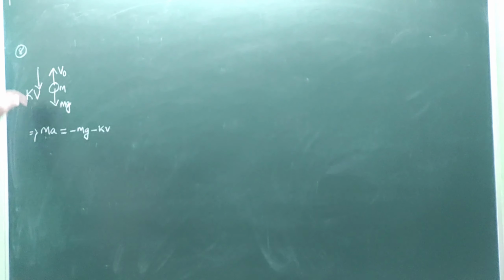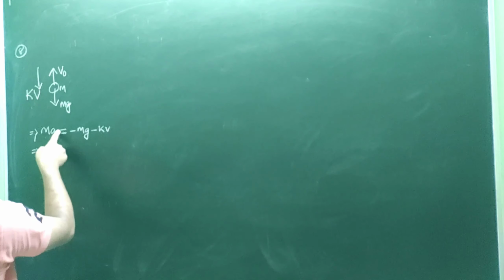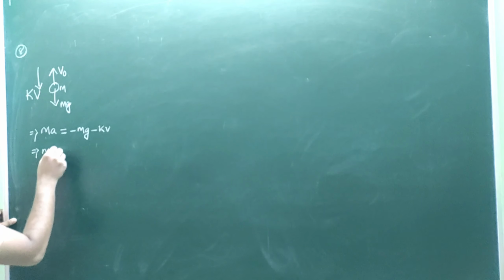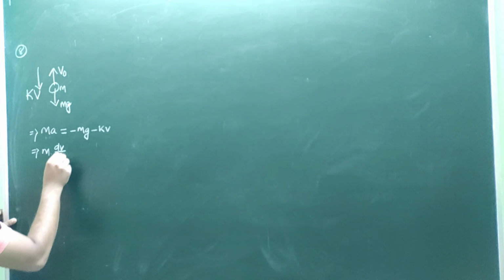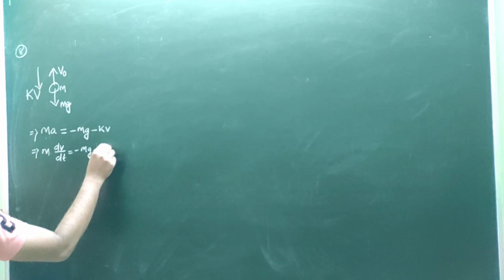Why minus? Because they are opposite to the motion of the body. You know from Newton's laws of motion, and here it is in the velocity term. So we must express this in terms of velocity. So we can write down m dv by dt is equal to minus mg minus kv.